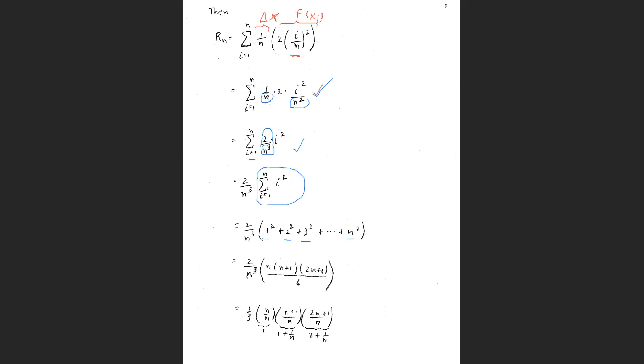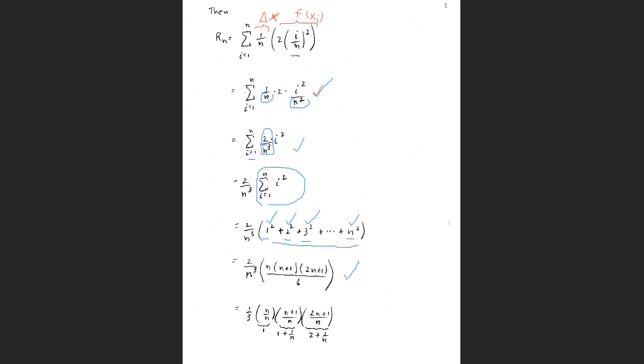Okay. 1 squared is when I equals 1. 2 squared is when I equals 2. 3 squared is when I equals 3. And I keeps increasing until it stops at I equals n. But we just learned that 1 squared plus 2 squared plus 3 squared plus so forth up to plus n squared, that sum equals n times n plus 1 times 2n plus 1 over 6.